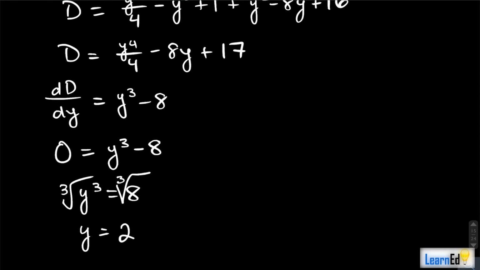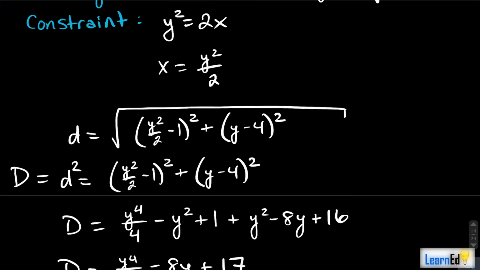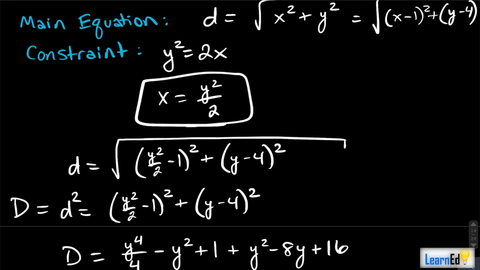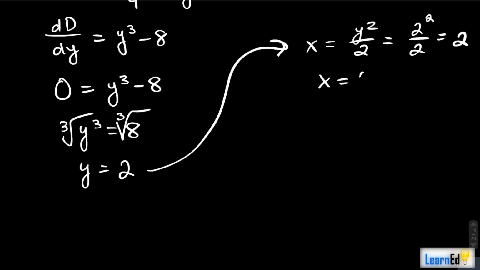Now, if we plug that into our equation, which is how we incorporated the constraint into our main equation, that's how we're going to find our other variable. x equals y squared over 2. It equals 2 squared over 2, and so x also equals 2. Okay, so x equals 2.